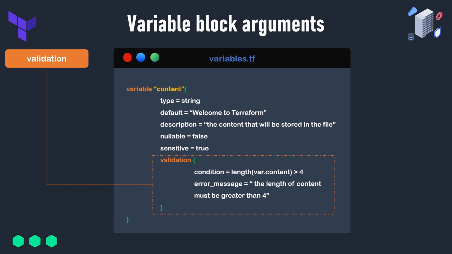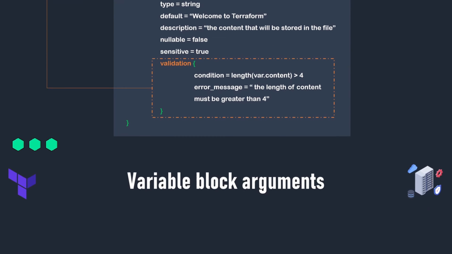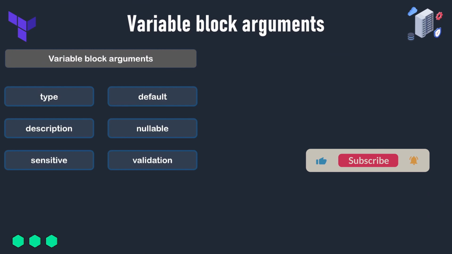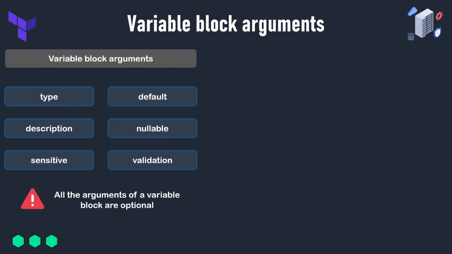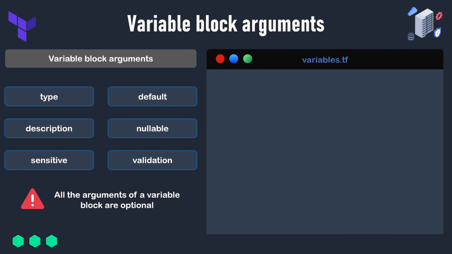Otherwise, you will get an error telling you that the given value is invalid. So these are all the arguments of a variable block. You have to know that all of them are optional, and a variable can be declared simply like this without setting any argument. We will see what happens in such a case.